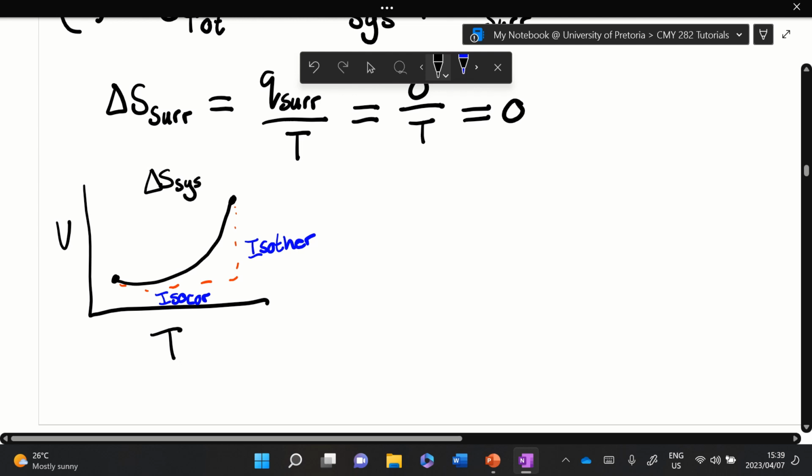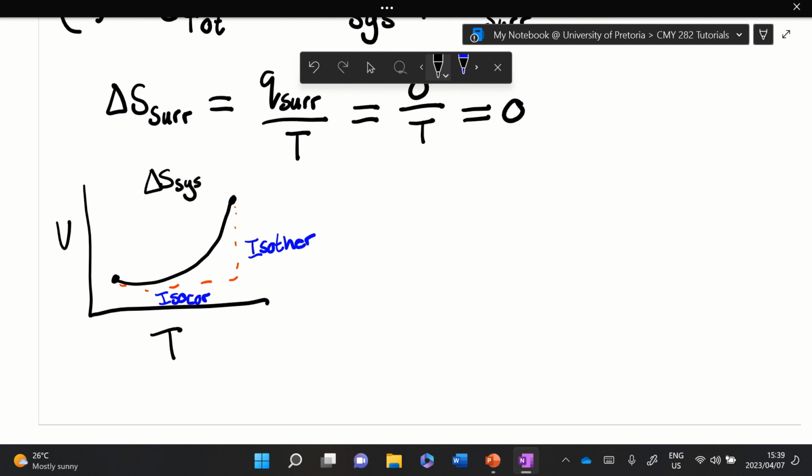Because we have volume changes and temperature changes, and entropy is a state function, we can look at it independently. We can first look at the change in temperature's contribution to the entropy while the volume is constant, and then look at the change in volume's contribution to the entropy of the system while the temperature is constant.